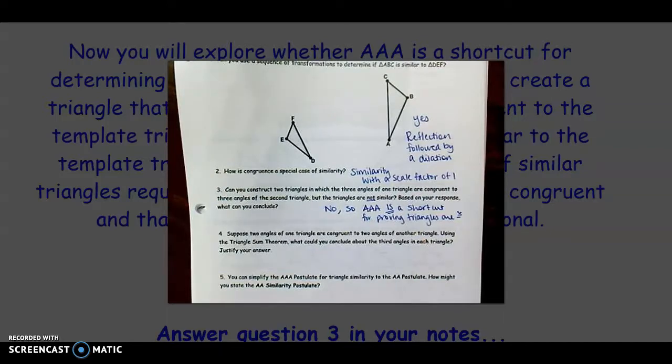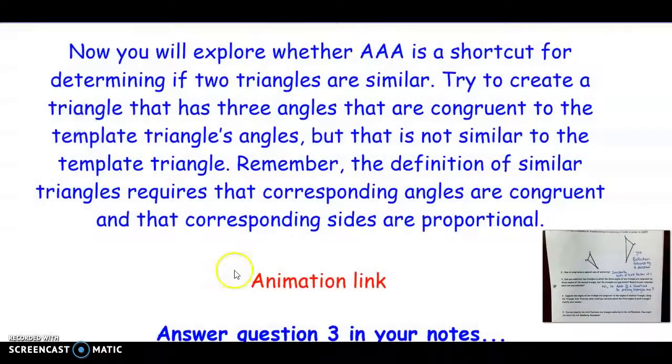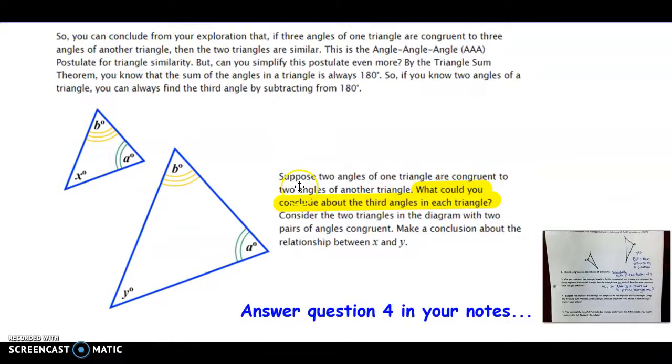As long as we know the 3 angle pairs are congruent, then that's enough to say that the 2 triangles are similar. So that's what we just said, and that is called the AAA postulate, and that's for triangle similarity. Remember, AAA does not work for congruence.